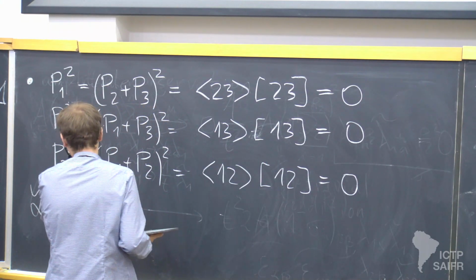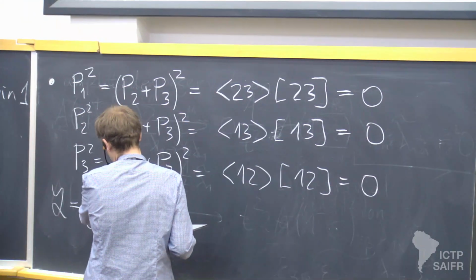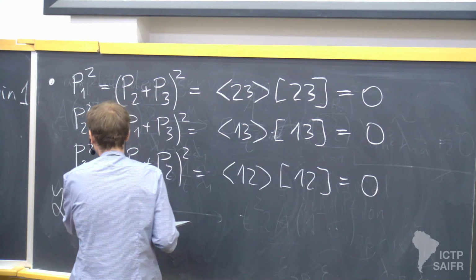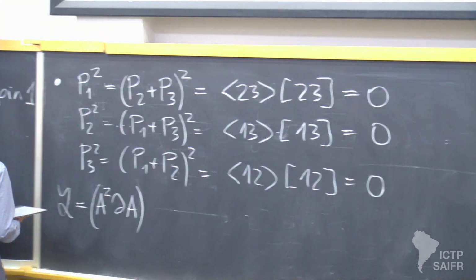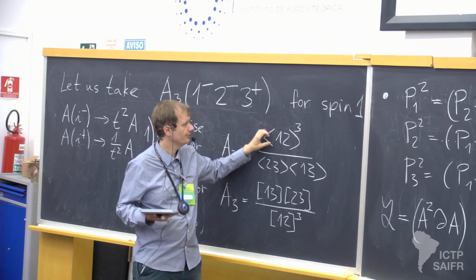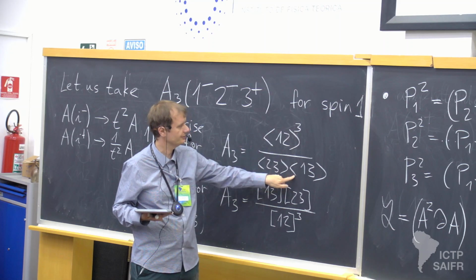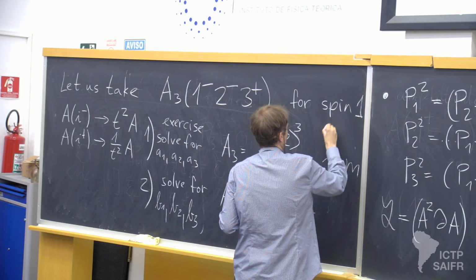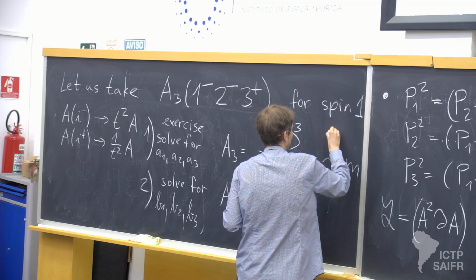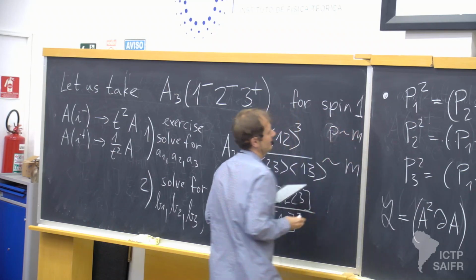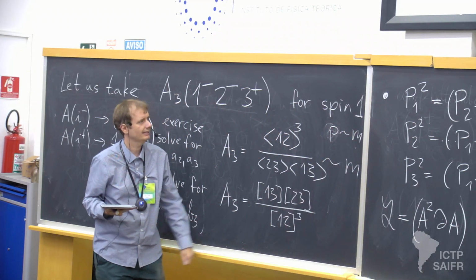But here, you know that the 3-point amplitude has a derivative. The polarization vectors don't carry any derivatives, right? And the bracket scales like a derivative. So here there are 3, and there are 2 here. So this scales as m, where the derivative or the momentum has the same dimension as mass.